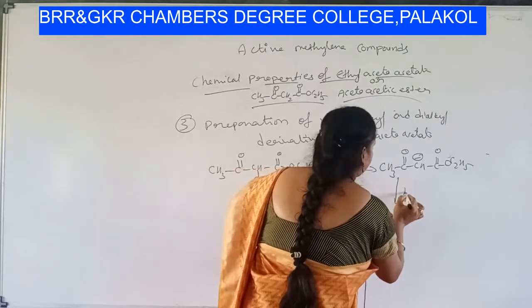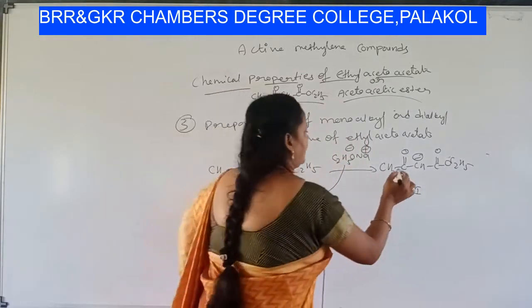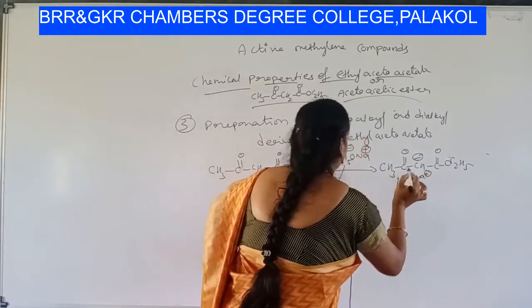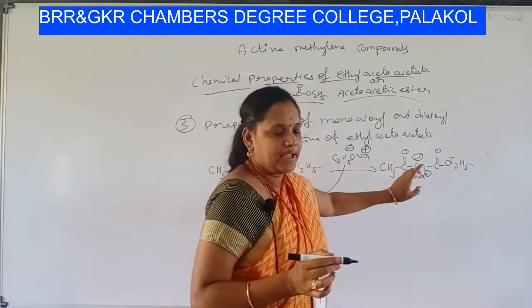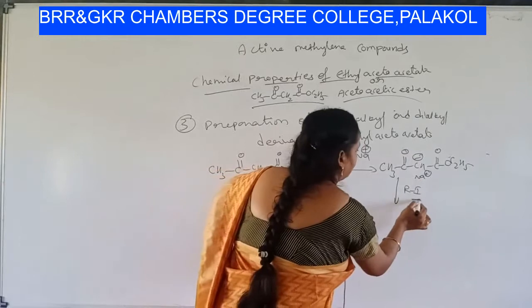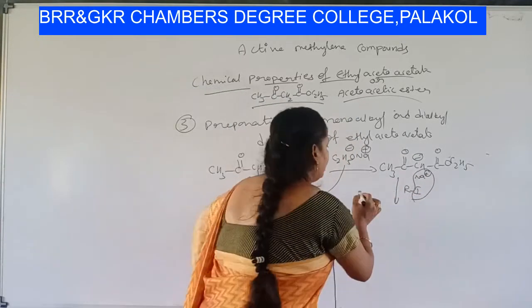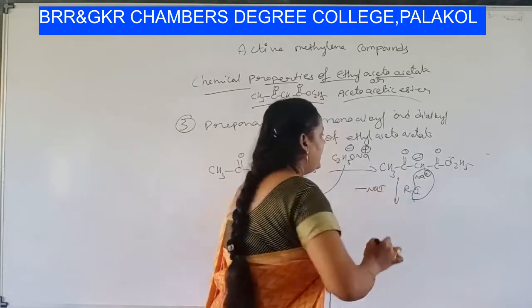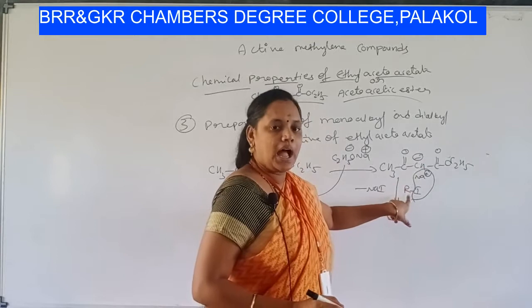Again, this is treated with an alkyl iodide. What happens here? We are left with Na plus ion also here, CH minus Na plus. The Na plus takes up iodide, so you will get the product NaI, and this CH minus is attached to the R group.